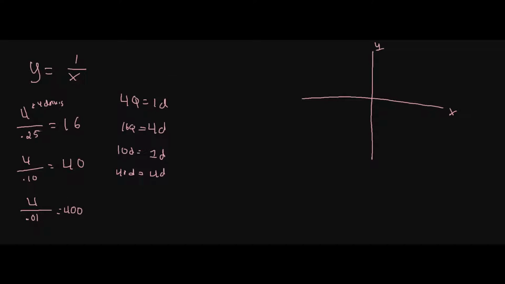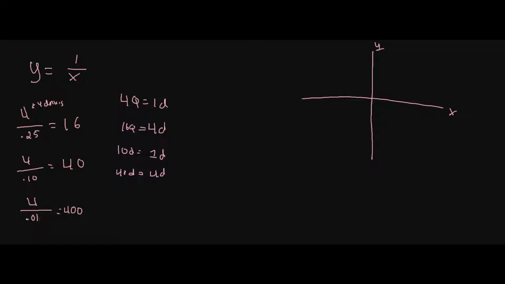So you can see, if we keep dividing by a smaller number, our y values keep getting bigger and bigger. The reason is that we're essentially asking how many pennies are in $4.